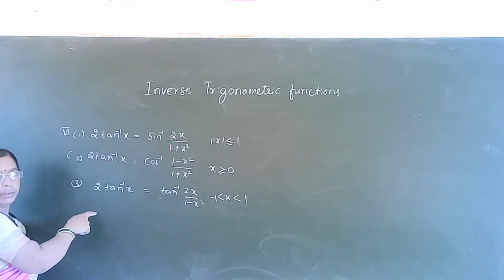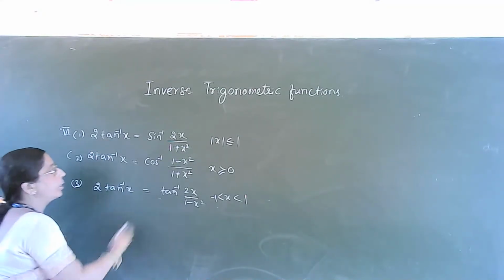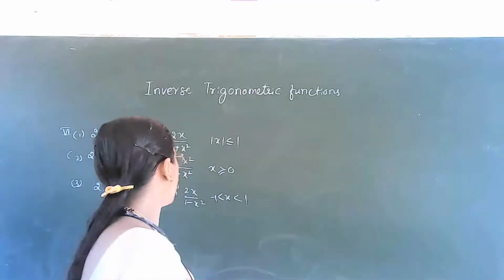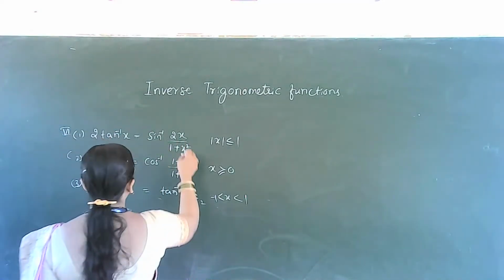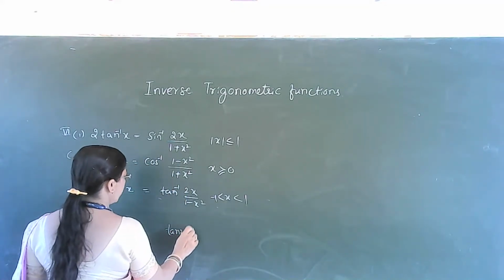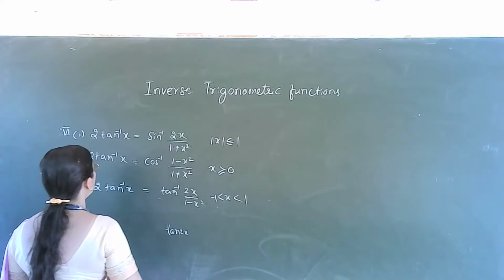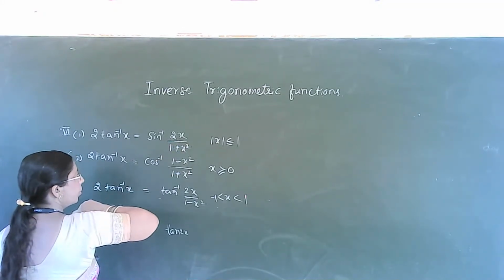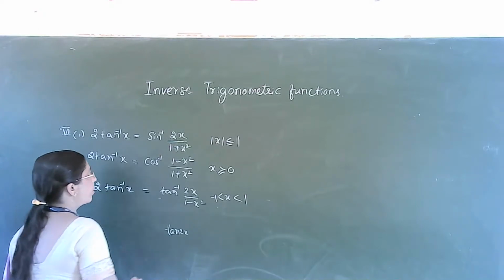These are 2 tan inverse x written in terms of sin inverse, cos inverse and tan inverse functions. You already know that tan 2a is equal to 2 tan a divided by 1 plus tan square a, which is 2x divided by 1 plus x square.